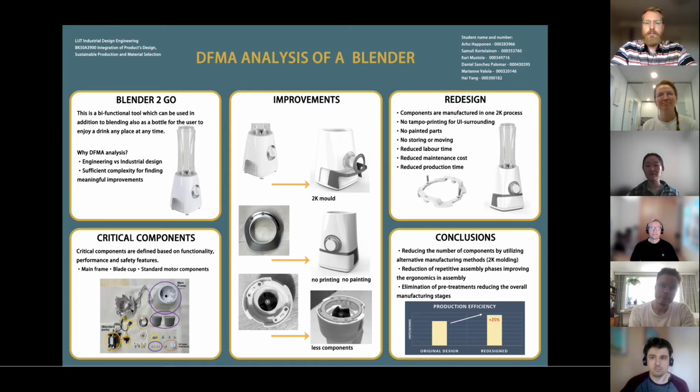Tooling costs were reduced by eliminating the separate side panels and the information collar. Tooling costs were increased by using the 2K injection molding process. However, the savings in assembly time and the painting and tampo printing process elimination reduced the total number of molds needed to overcome the 2K cost increase.